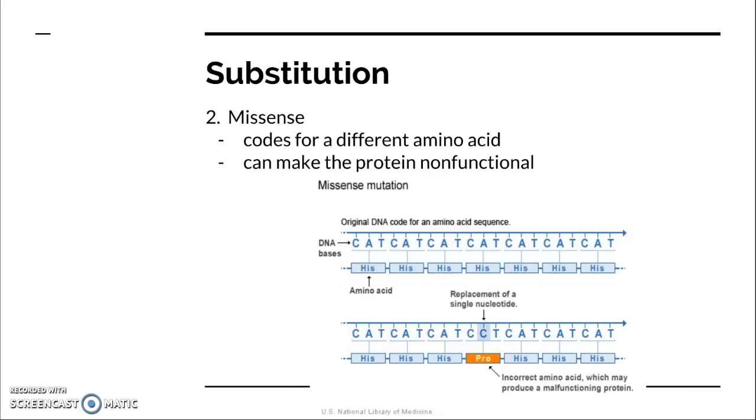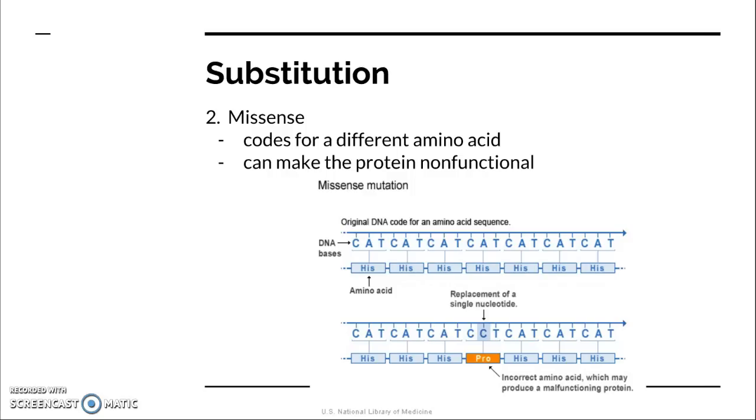The next type is called a missense. A missense mutation codes for a different amino acid than what originally was coded for. So if we were originally coding for phenylalanine, now we might be coding for methionine. So we're changing that amino acid that we're coding for.